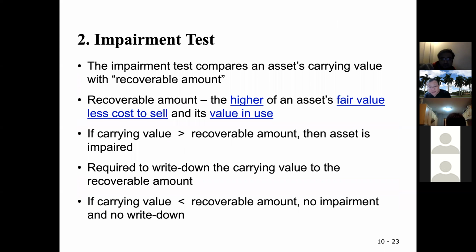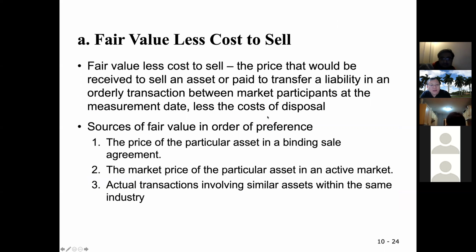So, impairment test. I mentioned this slide already, and you understand why I moved a little bit ahead. I want you to understand the concept of value in use. Fair value less cost to sell seems pretty straightforward.